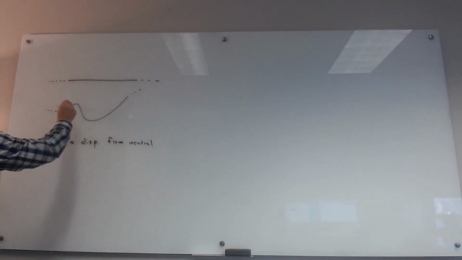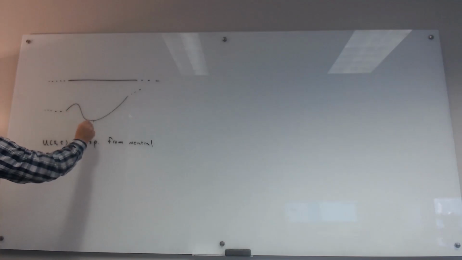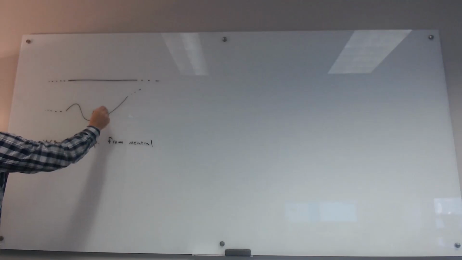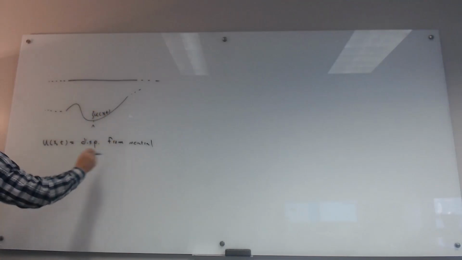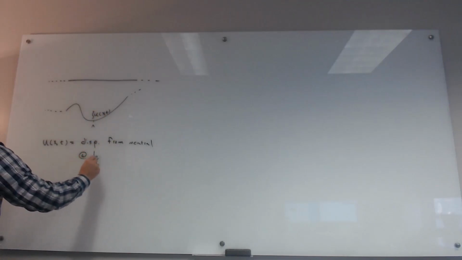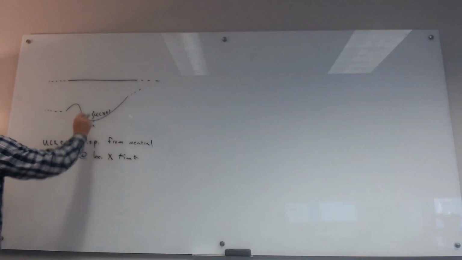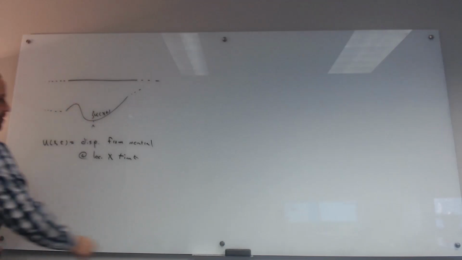Like this height, if this is x, this right here would be u of x, t. The displacement from neutral at location x and at time t. So like this would be a negative number here since it dips below the axis.